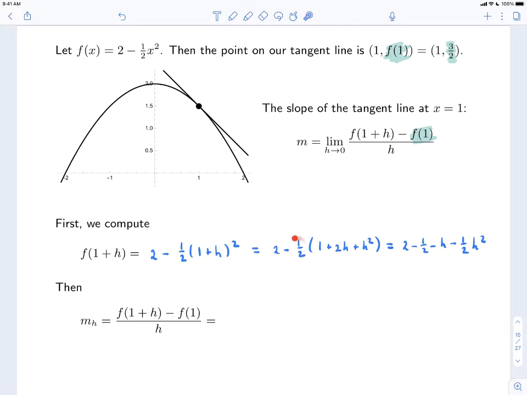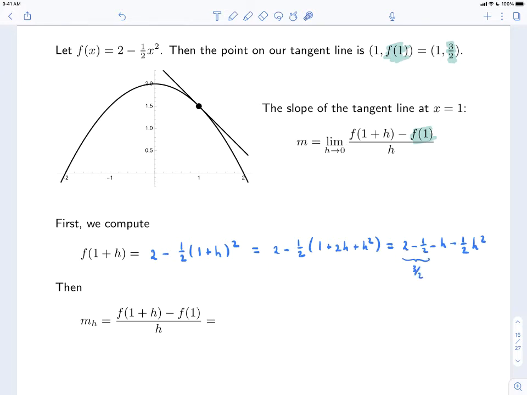Notice that we have a minus 1/2, so all of these terms are negative because of that minus. 1/2 times 1 is 1/2. Minus 1/2 times 2h, the 1/2 cancels with the 2, and you just have minus h. And then we have minus 1/2 times h squared. That's where this term comes from, minus 1/2 h squared. You can simplify this a little bit: 2 minus 1/2 is 3/2.